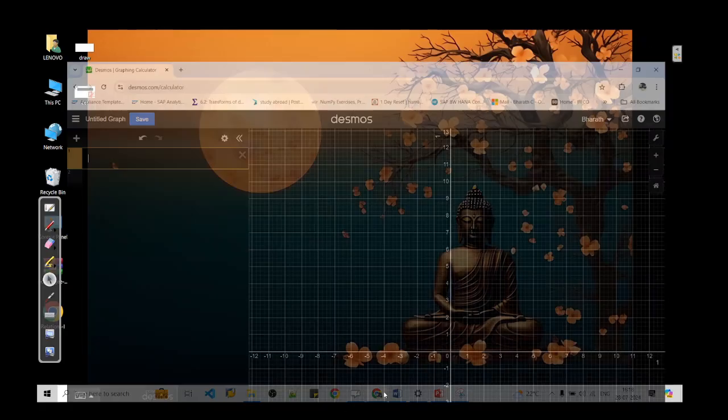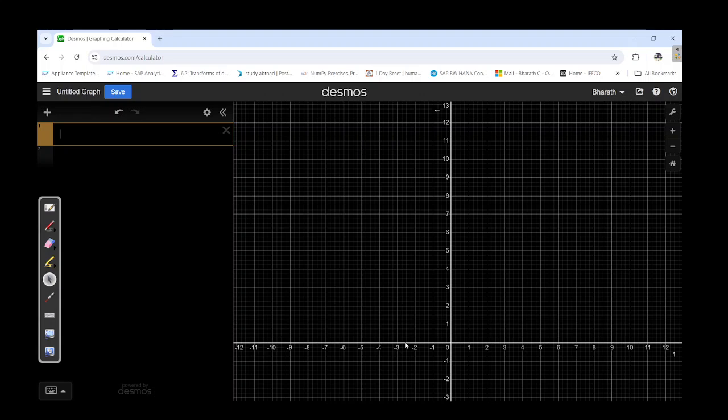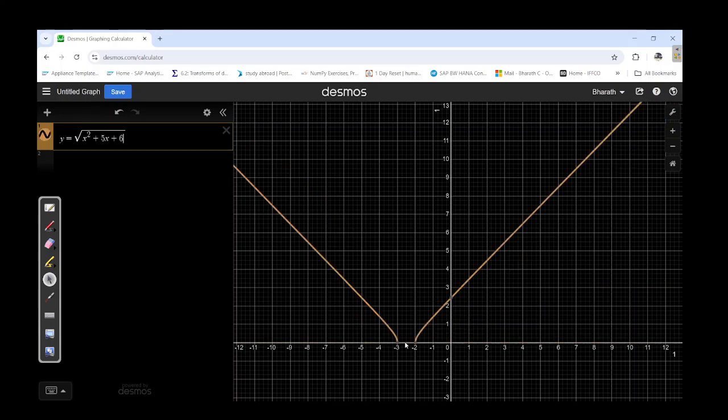If I have square root of x square plus 5x plus 6, this is how the graph looks.